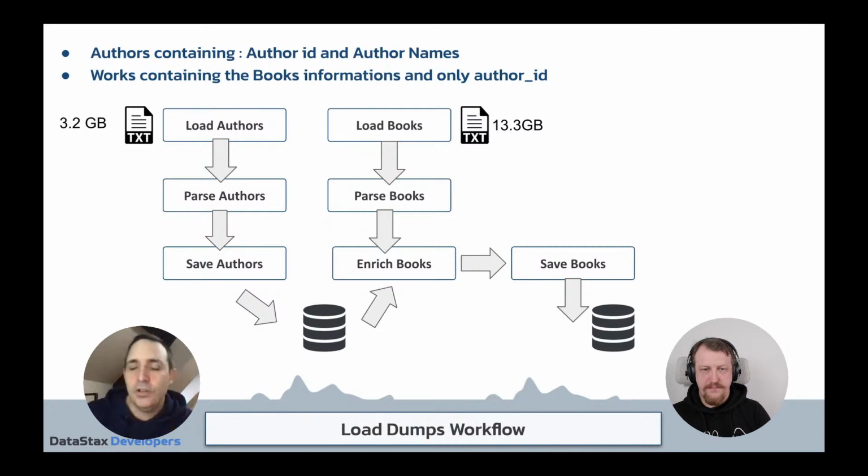This is what we call a pivot table, to be able to associate one with the others. So step 1, load my file into a table. Step 2, look at the second dump called works.txt, and for each row, parse what I need and enrich the book with the author names, and finally save the books.